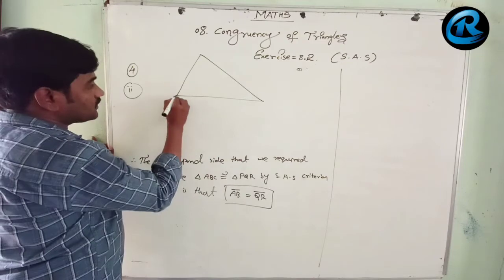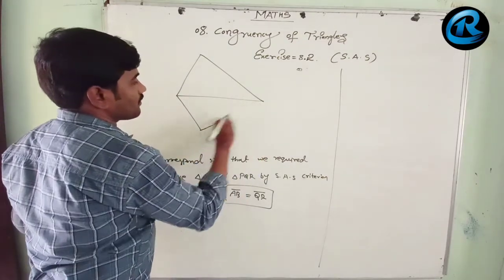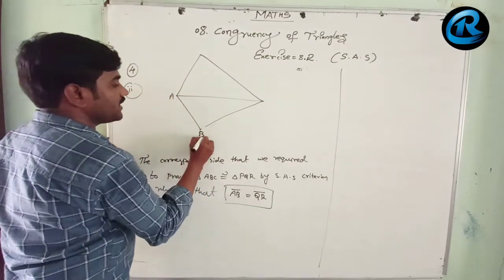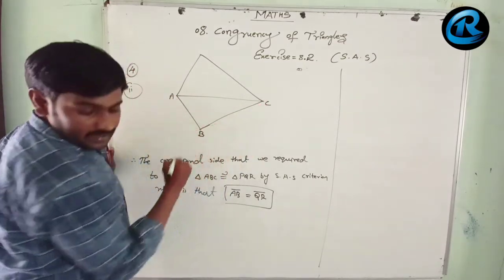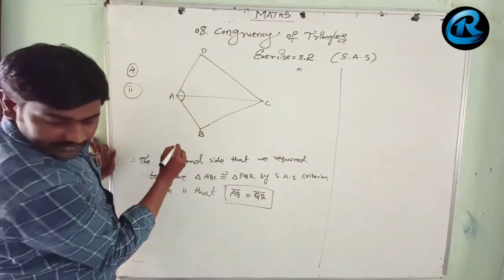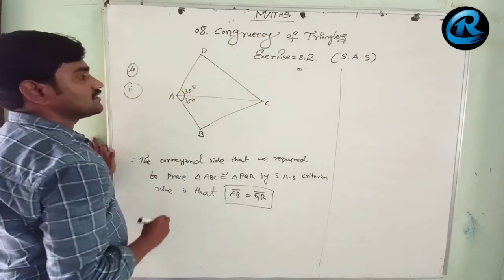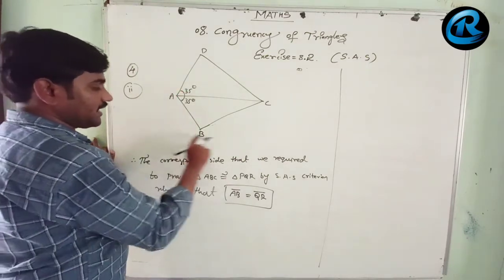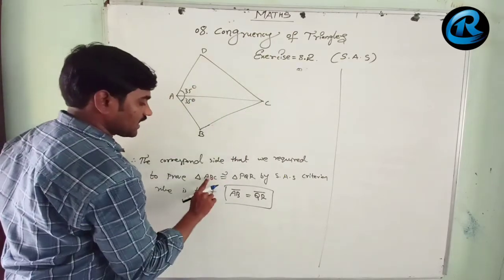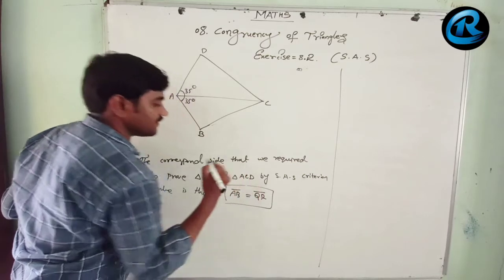Here there is a triangle, here it is A, B, C and it is D. And here it is 35 degrees and 35 degrees. See that we have triangle ABC and triangle ACD.